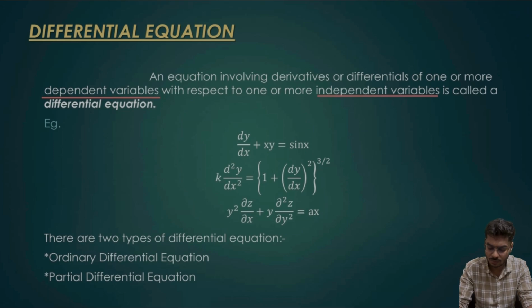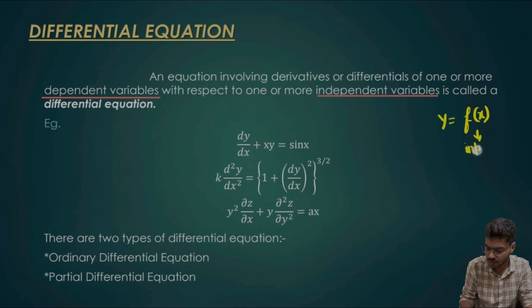So what is the meaning of dependent variable? What is independent variable? Let us assume that there is a function y equal to f of x. So what is x? x is nothing but our input quantity, and according to the values of x, our output will be defined, right? So can I say that x is treated as the independent variable because we can put any value of x?